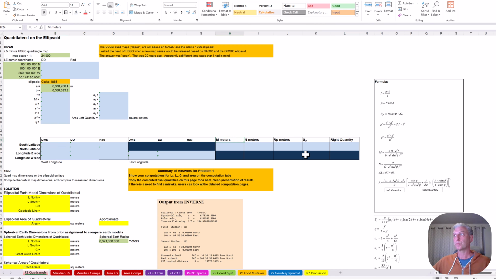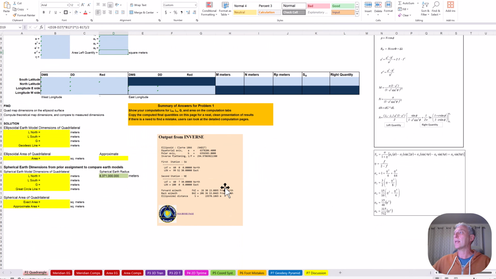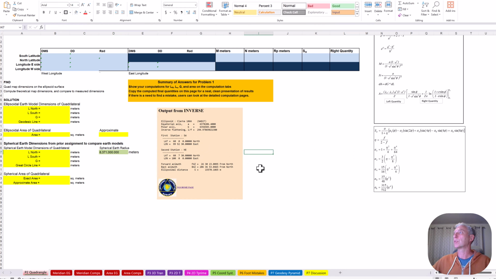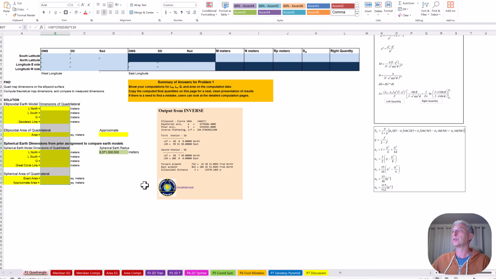You're going to need this MNRP, that S phi, which was the meridional arc distance from the equator up to each of our corners. And remember, we used a right quantity and a left quantity. So you could do that in the same spreadsheet. And here I have my output from the inverse tool on NGS, and then all your solutions.